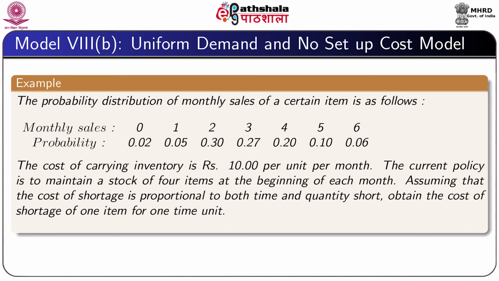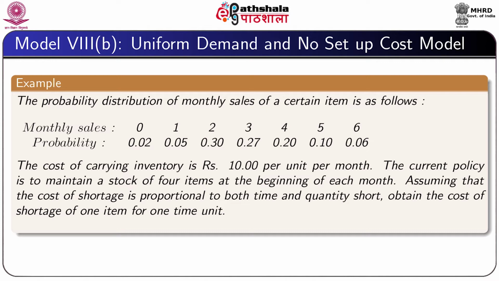Let us now consider an example for model 8b. The probability distribution of monthly sales of a certain item is as follows. Monthly sales are 0, 1, 2, 3, 4, 5 and 6, and the corresponding probabilities are 0.02, 0.05, 0.30, 0.27, 0.20, 0.10 and 0.06 respectively.